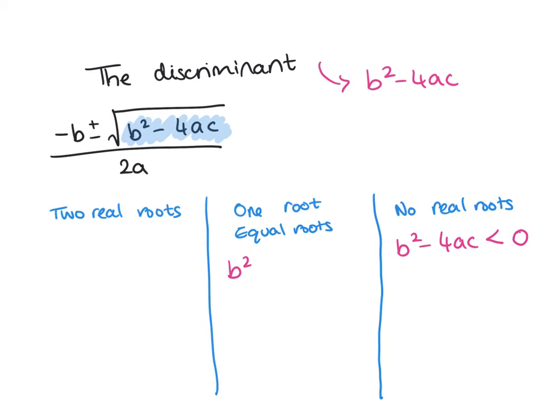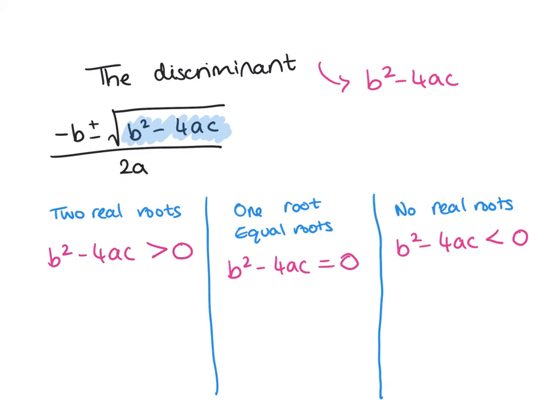If b squared minus 4ac equals 0, we have the square root of 0, so we don't have the plus or minus bit. We're just going to get minus b over 2a. So if it equals 0, we only get 1 root, or equal roots. And lastly, if b squared minus 4ac is greater than 0, we're going to have 2 real roots.